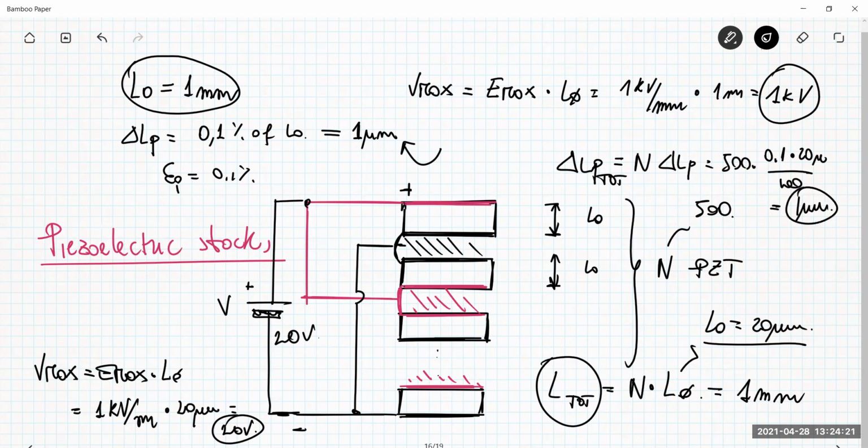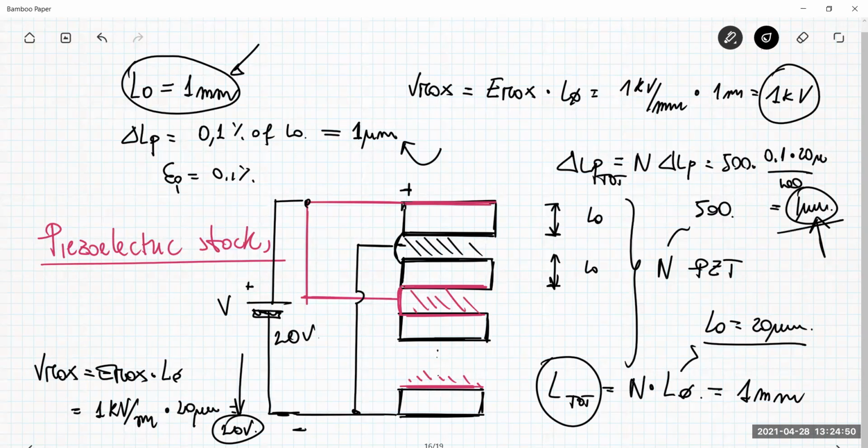So basically, in this example, I can get the same overall elongation that I can have using just one single piece of piezoelectric material, but the advantage is that I can use a much lower voltage than before. 1 kilovolt versus 20 volt.